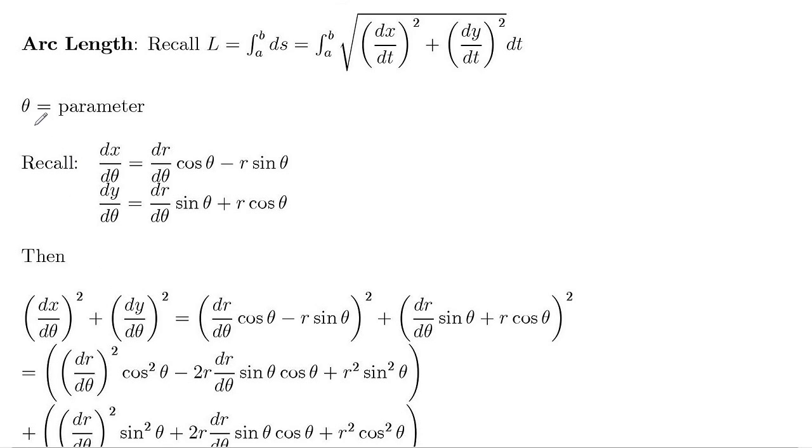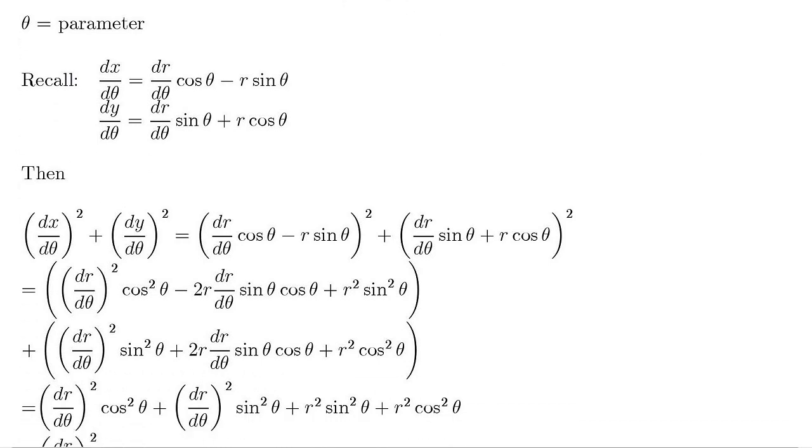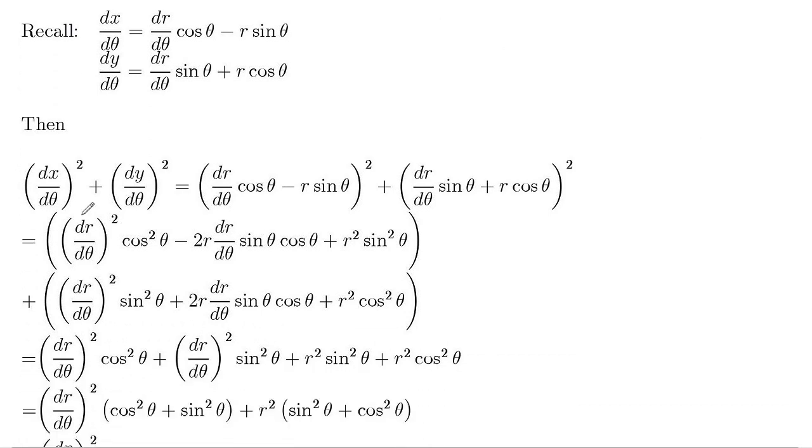So if we use theta as our parameter and work this out like it's a parametric equation, then we get the following: (dx/dθ) squared plus (dy/dθ) squared. Well, dx/dθ is right here, so put that in here. dy/dθ is right here, so that goes in here. And now FOIL this out.